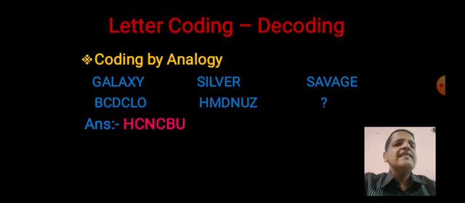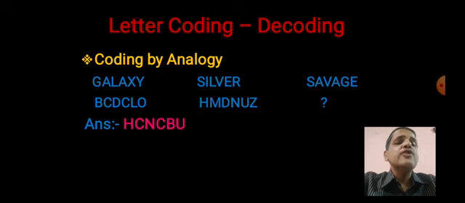Then there is letter coding-decoding. See one example of how we can do it by analogy. The code of GALAXY is BCDCLO. The code of SILVER is HMDNUZ.